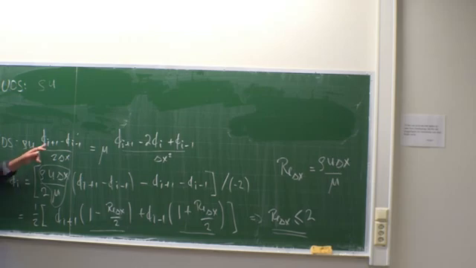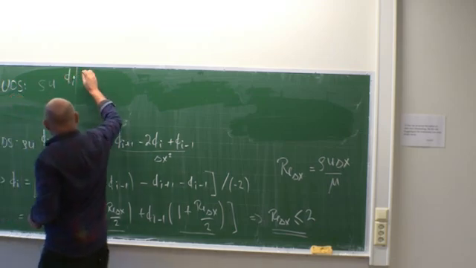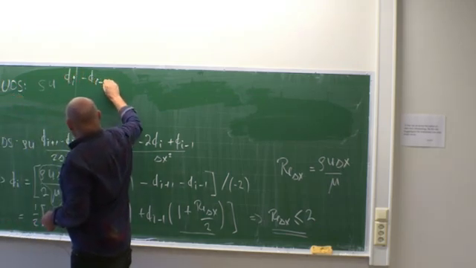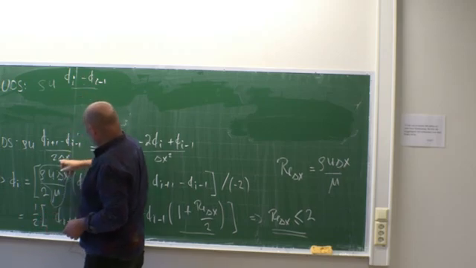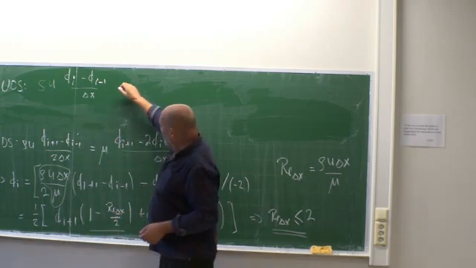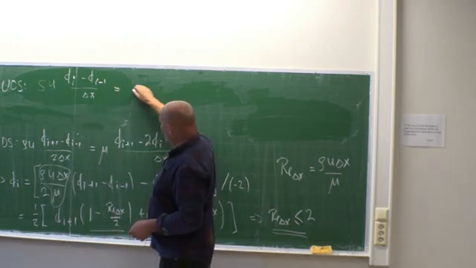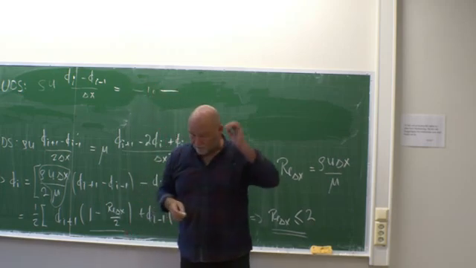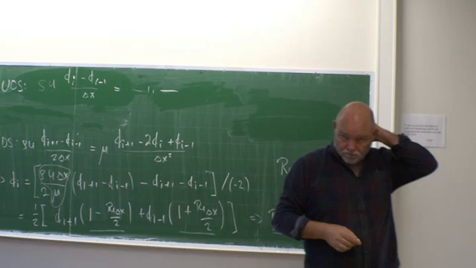Then I create a derivative upstream. Hence, I'm not going to use i plus 1, which is downstream. I'm going to change this ratio here with phi i minus phi i minus 1 divided by, and now one single delta x. But the right-hand side will be exactly the same. So no difference there.